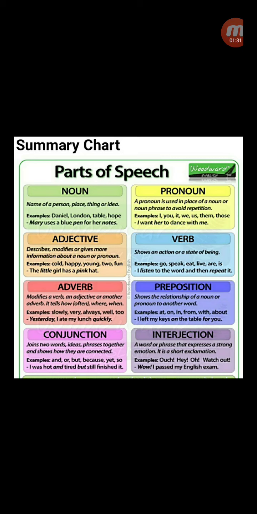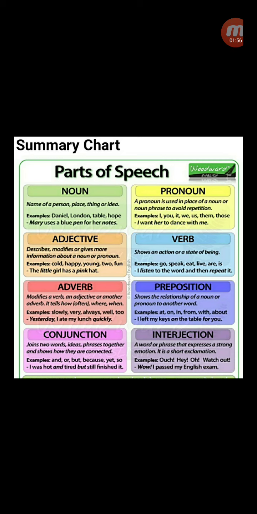There are many, but we put everything into one category, that is noun. The example for that is the sentence which is given here: Mary uses a blue pen for her notes. Mary and blue are proper noun because it's a name of a girl and blue is the name of a color. Pen and notes are common noun.